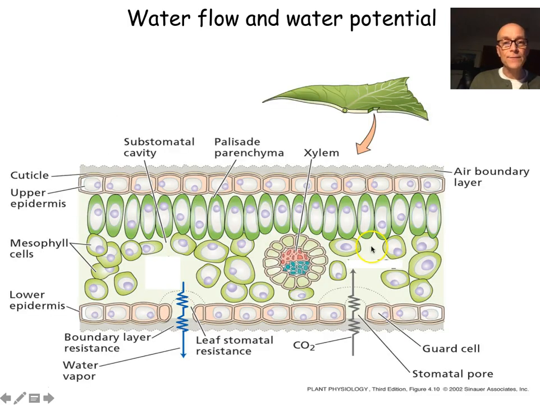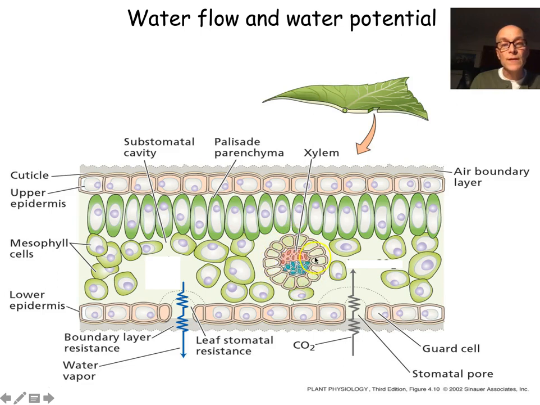All right, so here's a leaf. And this is the boundary layer, the air boundary layer. But let's first look at the rest of the leaf. So we've looked at cross-sections of leaves before. Here's our leaf. Here's a cross-section. That is the bit that we're looking at here. Here's the palisade parenchyma. Here are the mesophyll cells, spongy mesophyll. Here's a cross-section through xylem and phloem.